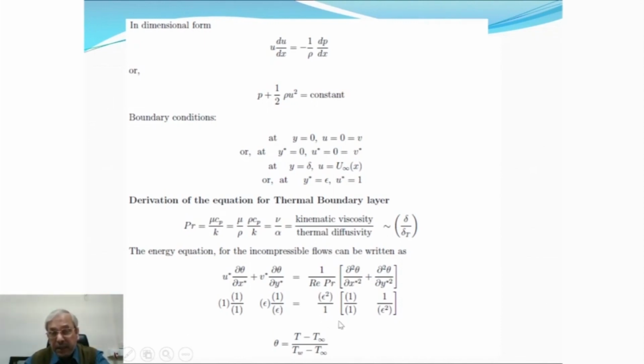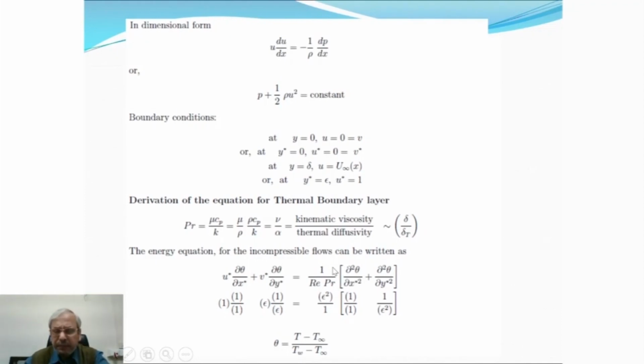Less than 1 is a problem, but less than 1 usually for most of the gases the value is like air, it is around 0.6, or 0.72, very precisely.